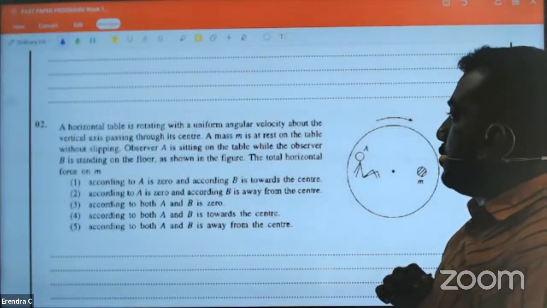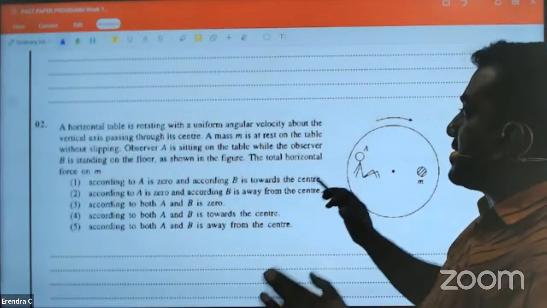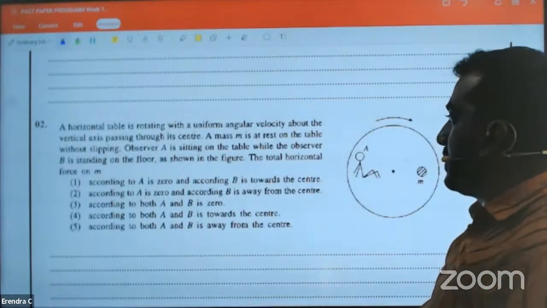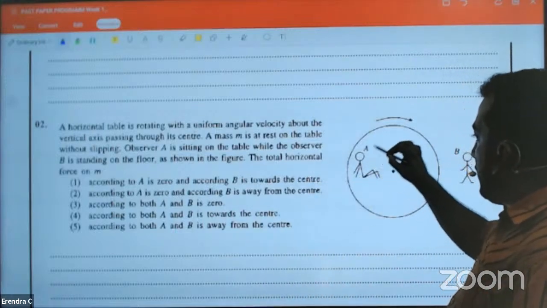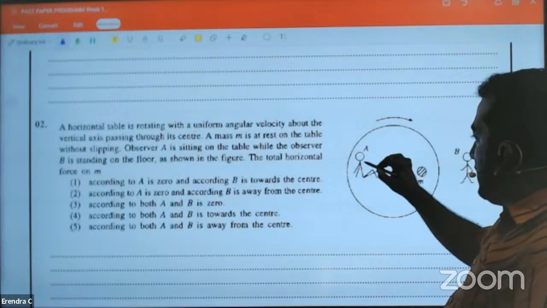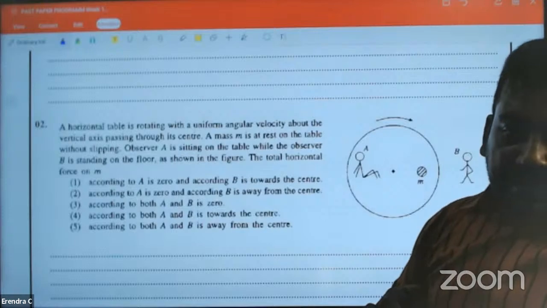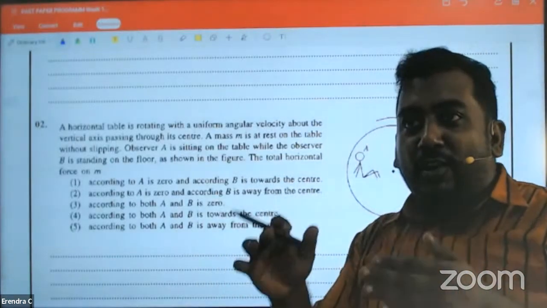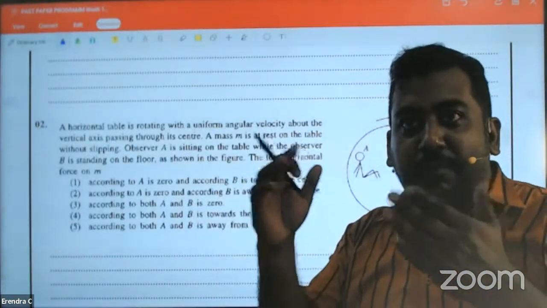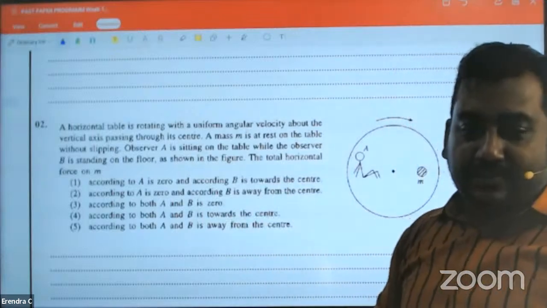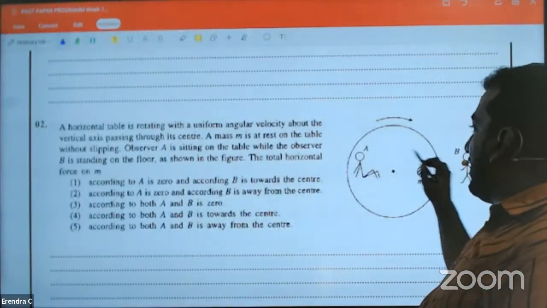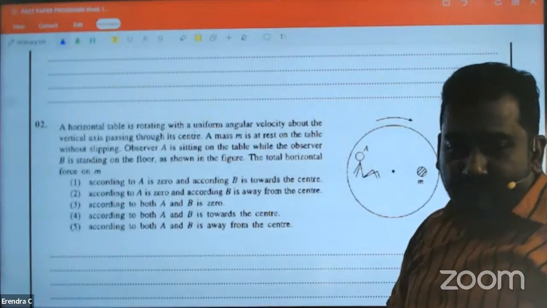What are they asking you? The total horizontal force on M. Now, remember, if you're rotating with this, with respect to you, you will observe this to be at rest. Imagine you're going on a merry-go-round, your friend is also on a merry-go-round. With respect to you, your friend is also at rest. So with respect to him, he will observe resultant force is 0.